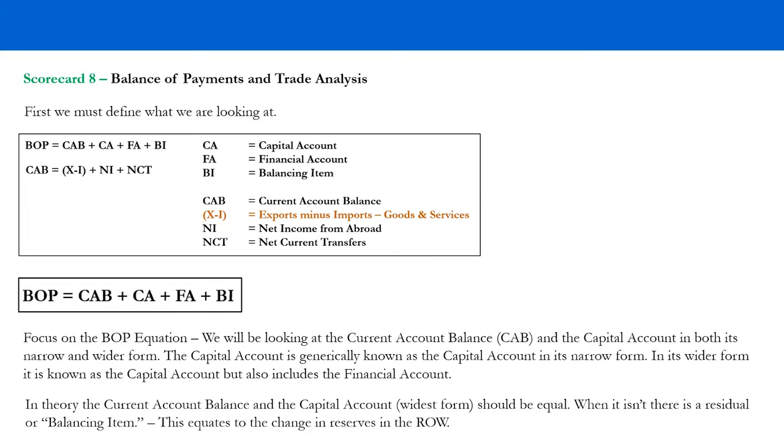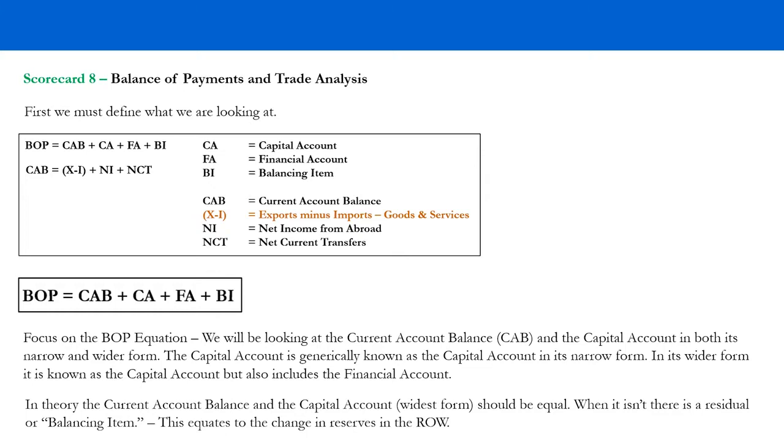Now, a country's balance of payments is the sum of all these parts. So the current account balance plus the capital account plus the financial account plus the balancing item. And the current account balance is exports minus imports plus net income from abroad plus net current transfers.